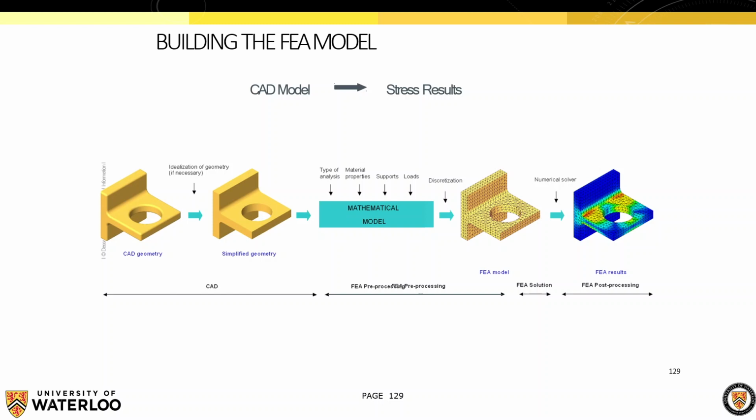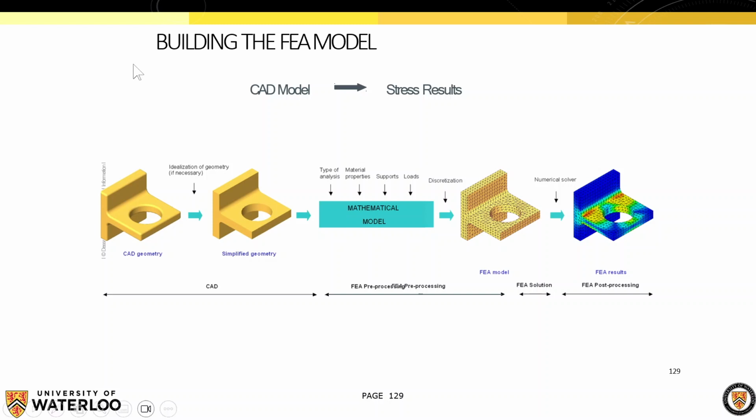Here's the process flow for the way that finite element models work. You start with some CAD geometry. In this case, it's a simple ring loop on a bracket. And you might want to say, okay, in order to make my life easier, I want to simplify it a little bit just so it runs faster, and I'm not too concerned with understanding all of the aesthetic nuances of this.